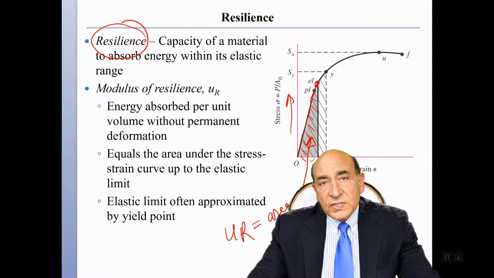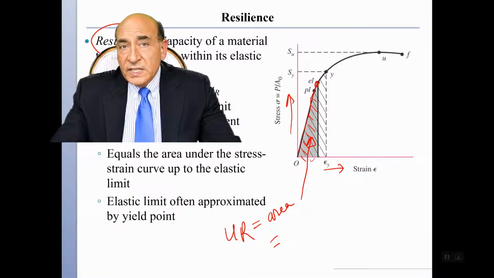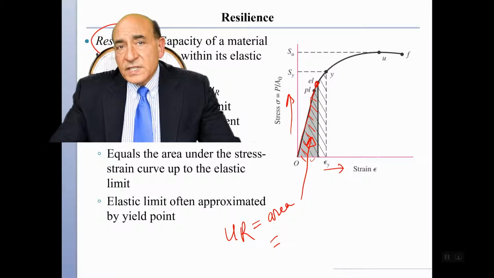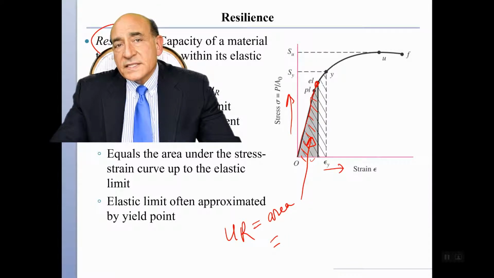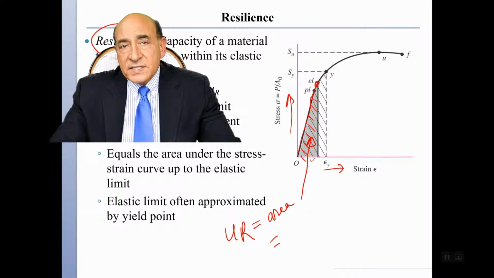If I just go to the elastic limit, we can compute it. However, in most cases, the elastic limit is very close to the yield point, and in tables of properties, we do not have access to the elastic limit, but we have access to the yield point very easily.